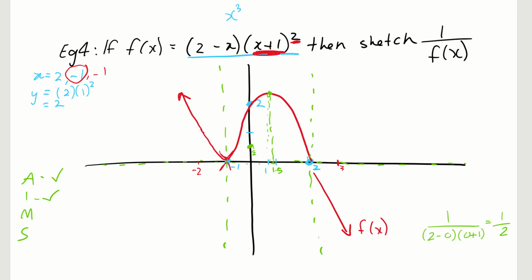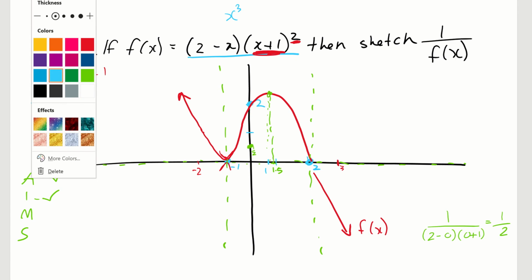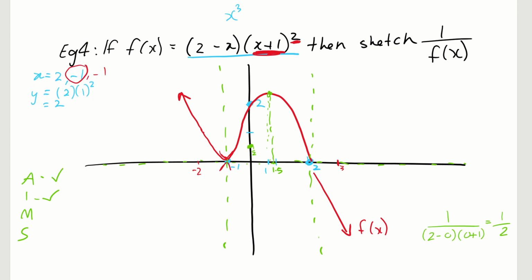What that means is on my reciprocal, I'm going to have a minimum occurring where that maximum is, at the x value of 1.5, but not at the same y value. So I need to sub f of 1.5 into my reciprocal.